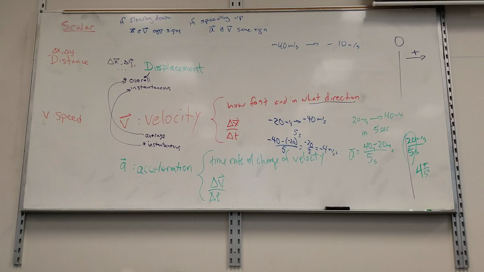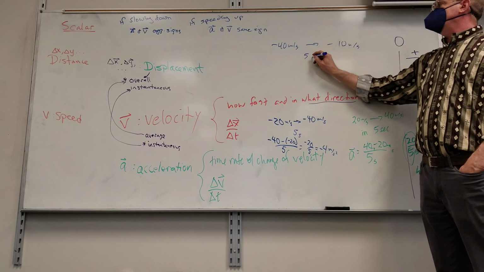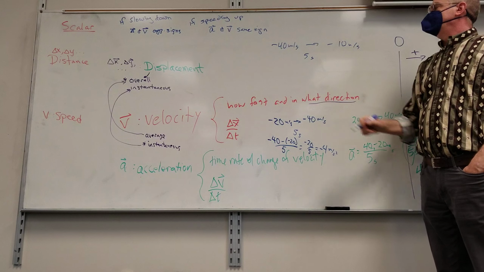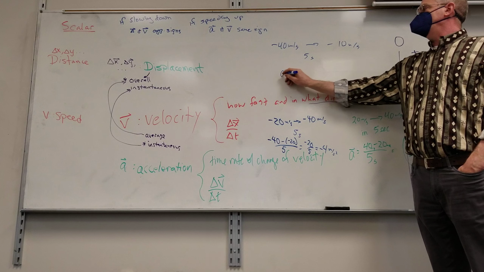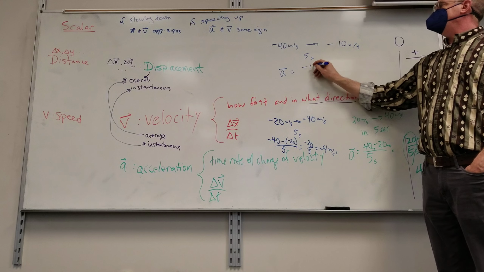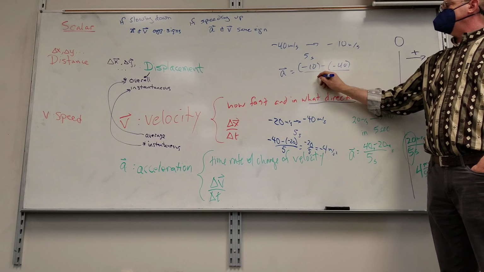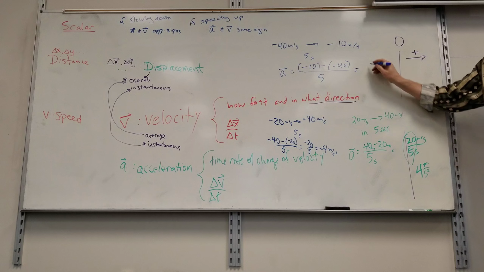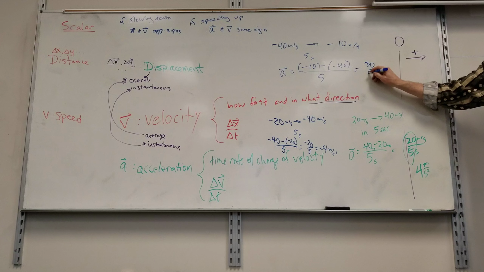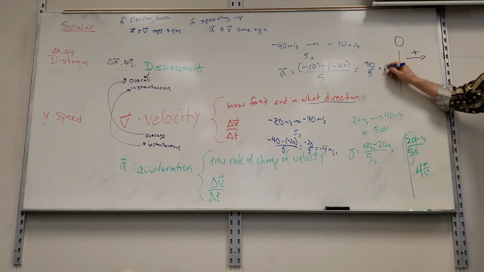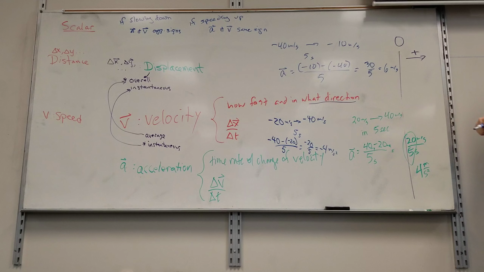I'm traveling at a quarter of the speed that I had before. And let's say I do it in 5 seconds, just to make the math nicer. My acceleration, negative 10 minus negative 40 divided by 5, which is 30 divided by 5, which is 6 meters per second squared.